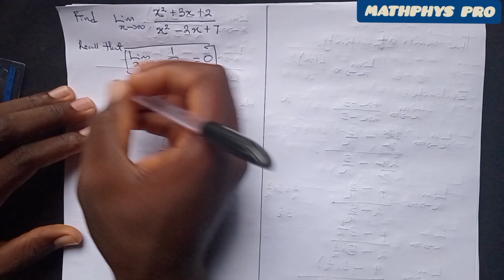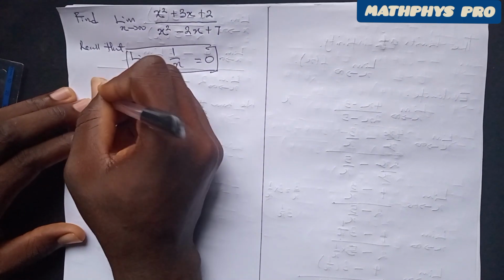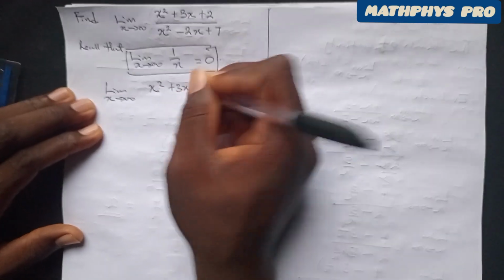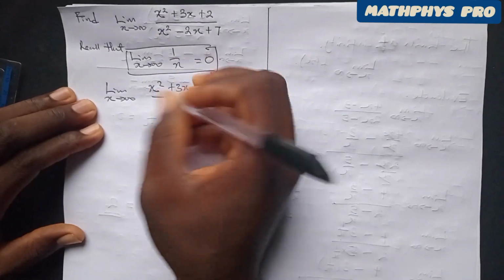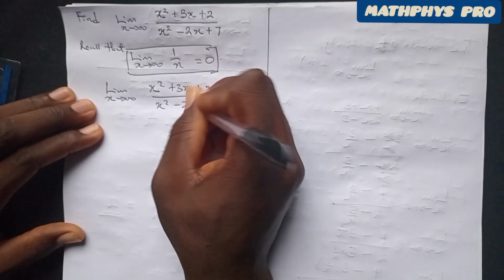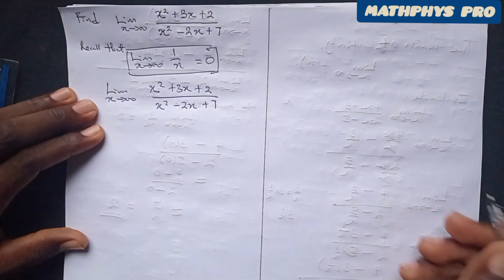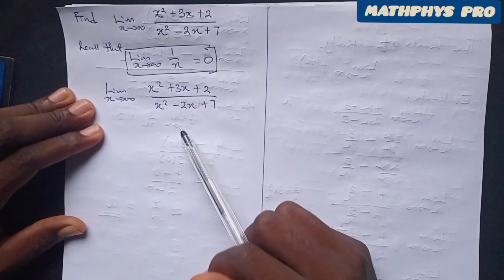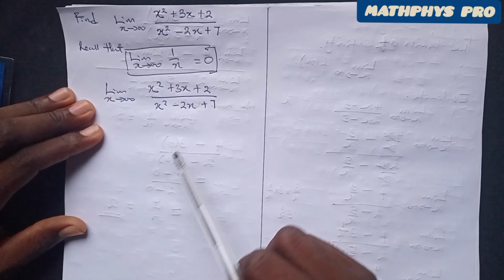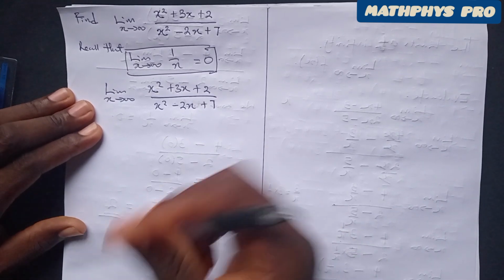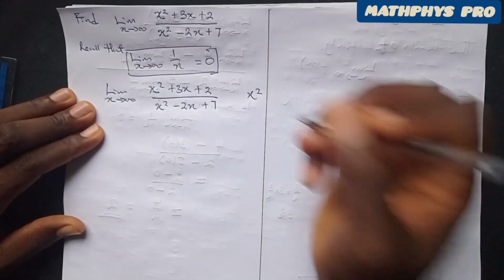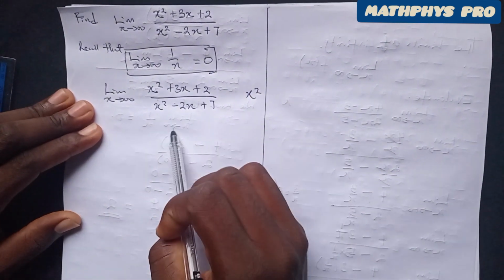Now the next thing to do: you divide the numerator and the denominator by the highest power of x occurring in either the numerator or the denominator. The highest power is x squared, so you divide by x squared.